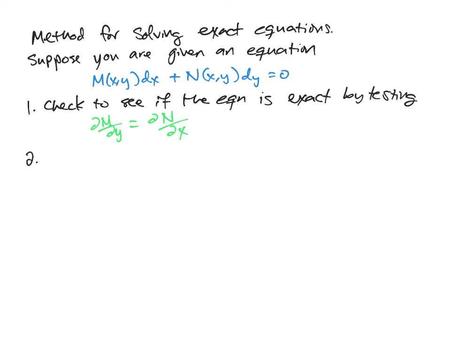So step two, now that we know we have an exact equation, we need to figure out what its potential function f is. So if our equation is exact, then we know, switch to blue.